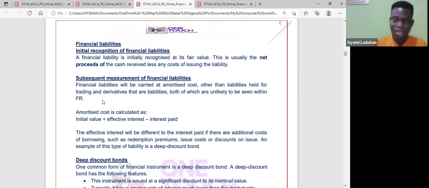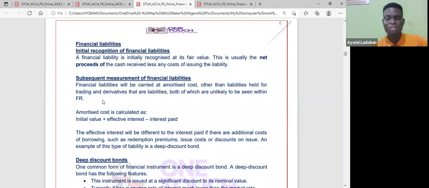So like we said earlier, and we have established, IAS 32, financial instrument, deals with presentation, how to classify a financial instrument into either financial assets, financial liability, or equity instrument, whereas IFRS 9 talks about recognition and measurement. So we are under IFRS 9 now, financial liabilities.